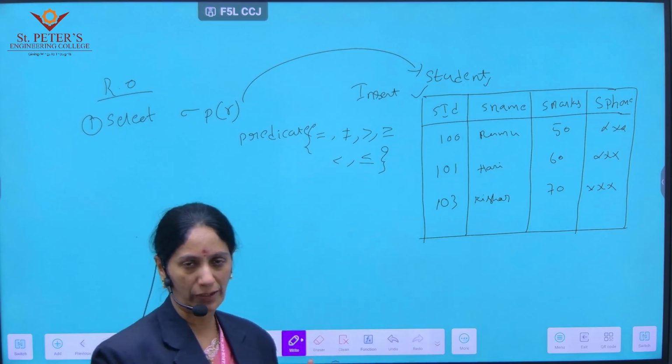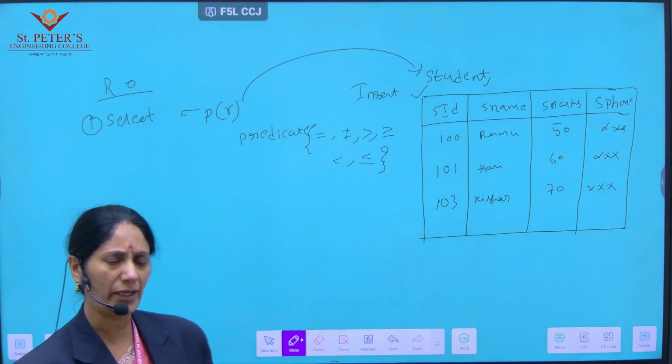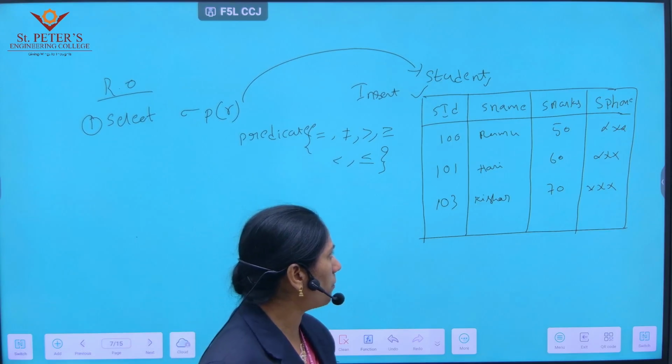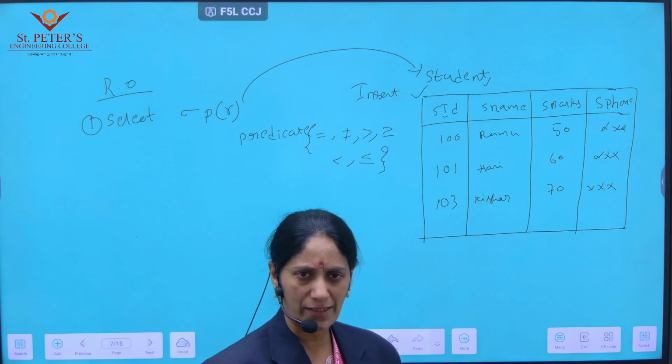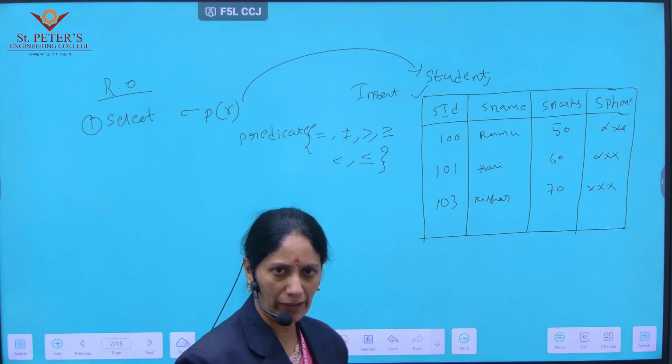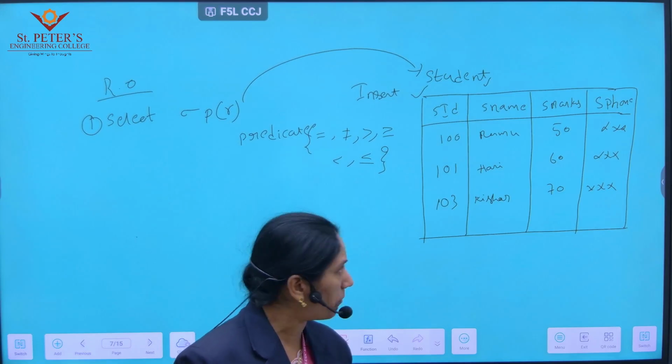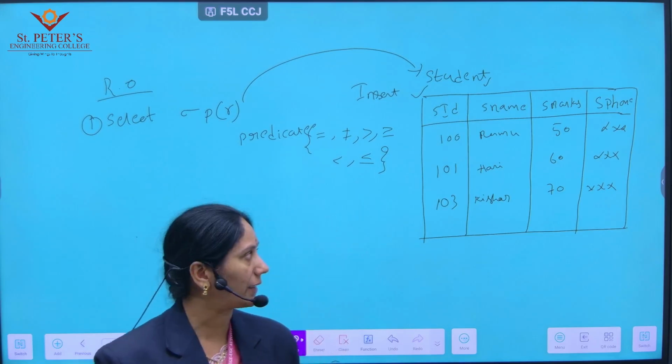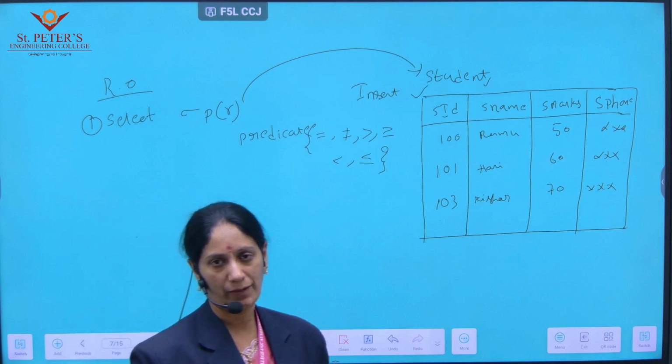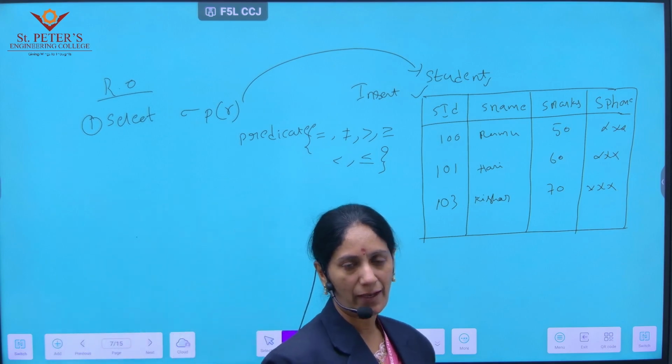My query, listen, all of you: select the student marks whose marks is greater than 50. Are you all understanding my question? How to represent this query? Select student marks whose marks is greater than 50, not 20. In my table, the marks start at 50, 60, 70.